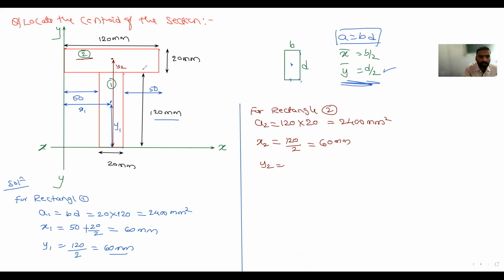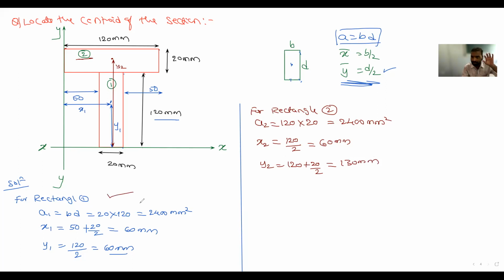I know from here to here it is total 120. 120 plus 20 by 2, is it correct? Yes, sir. Everyone concentrate. How much is it? 130. So what I have done, I have taken each segment separate.